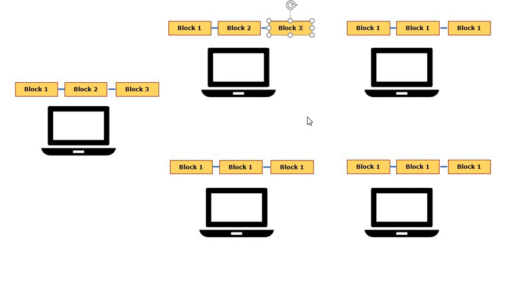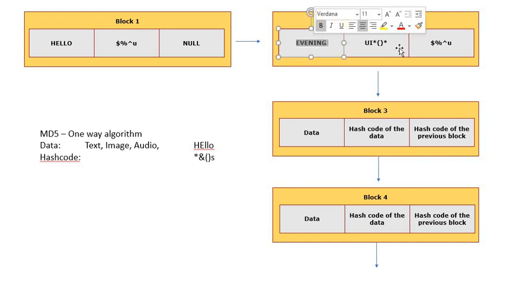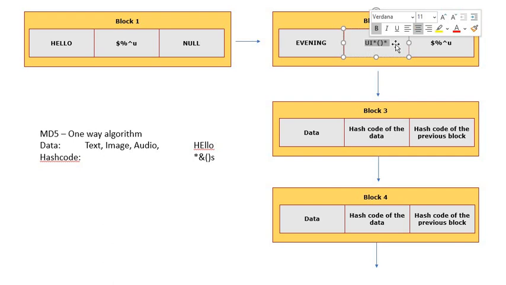Now you can think from the hacker's perspective. If somebody wants to hack this particular data, that means change this data from morning to evening, what will be his effort? First of all, this is not possible, because if the data gets changed, the hash code will also change, and we will figure out that this block is corrupted.